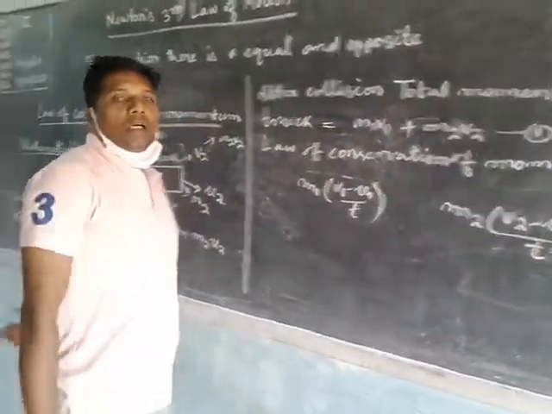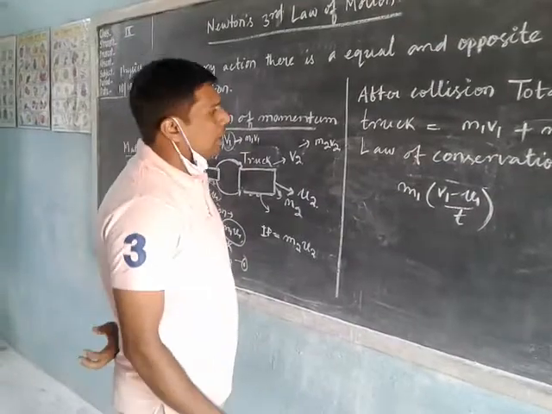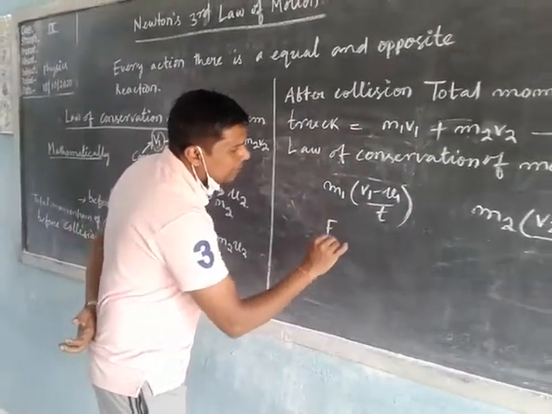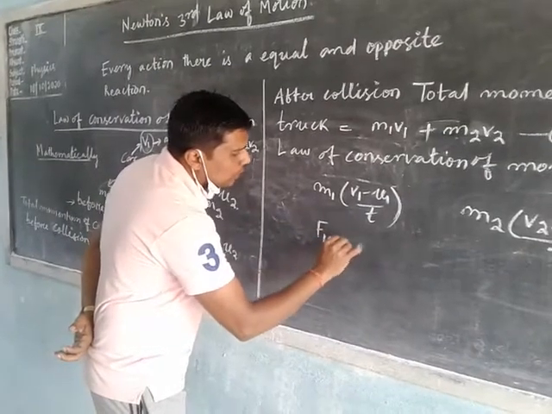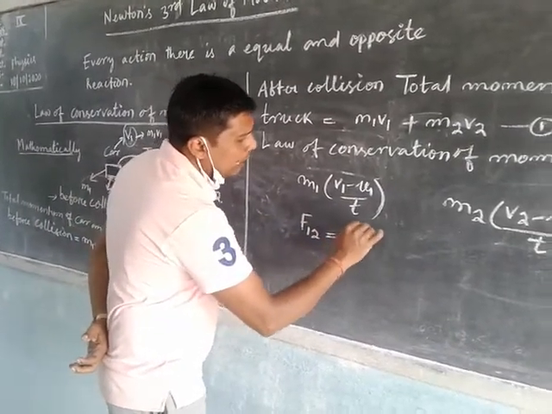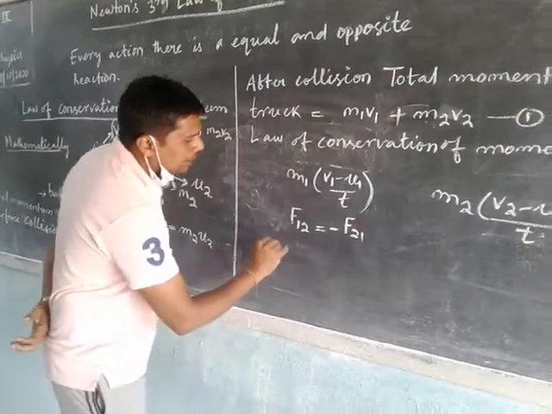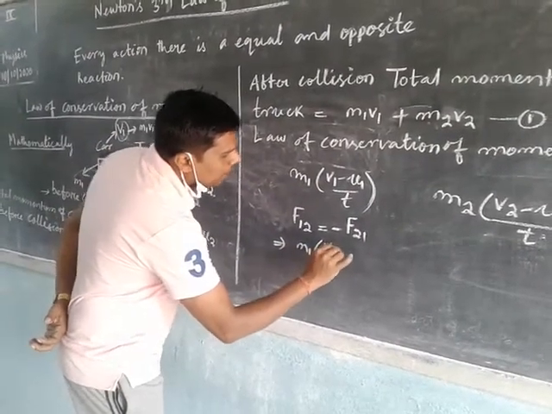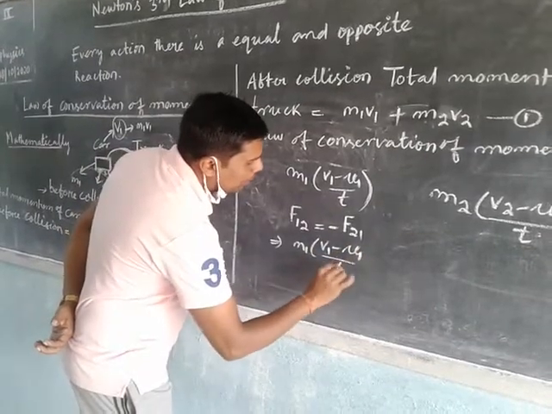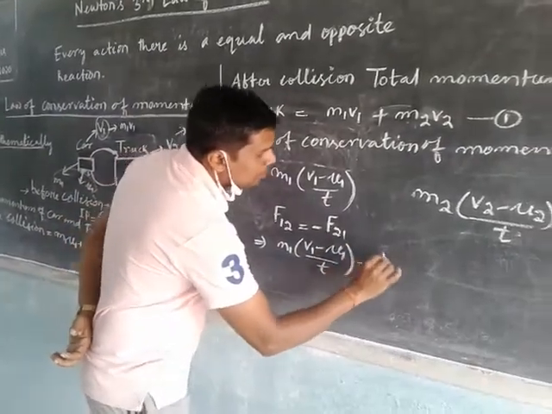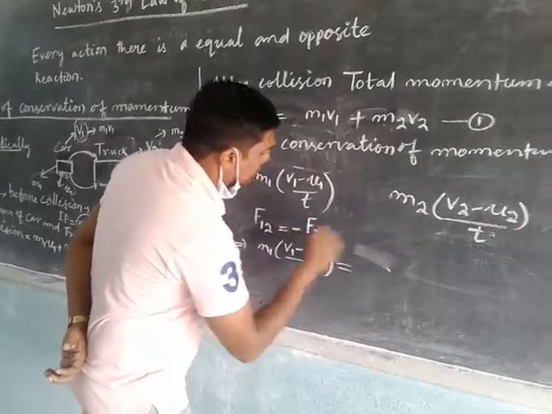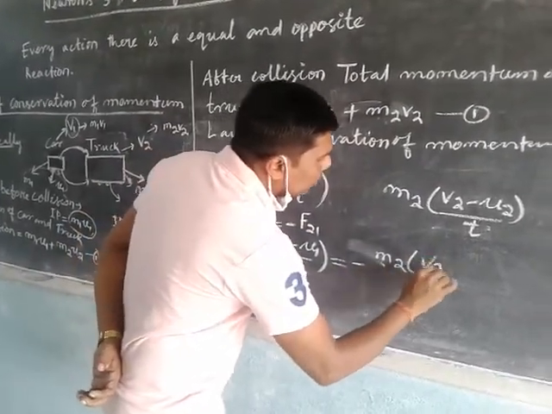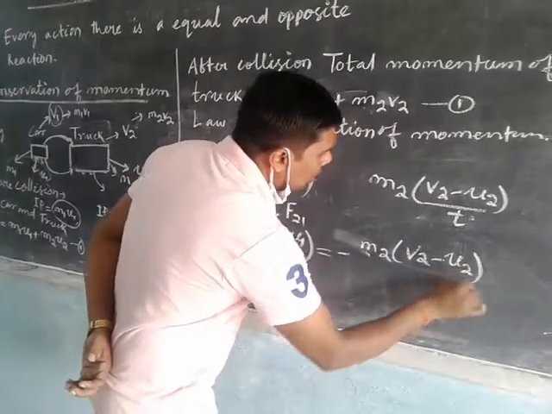According to Newton's third law, every action has an equal and opposite reaction, so F12 is equal to minus F21. That means m1 (v1 minus u1) over t is equal to minus m2 (v2 minus u2) over t.